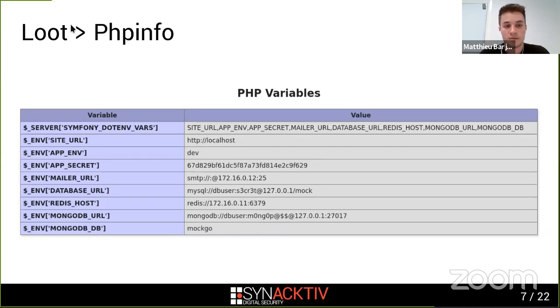And as Symfony usually relies on environment variables to pass parameters to the kernel when the application is starting, in this section of the PHP info, you will be able to find very valuable information such as secrets to external applications, API tokens, and so on. And there is also the application secret, which Symfony uses internally to perform some actions that we will see later.